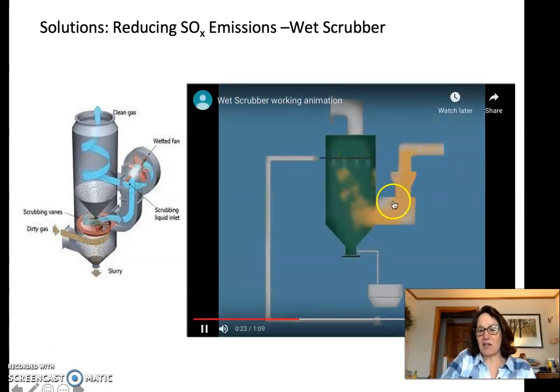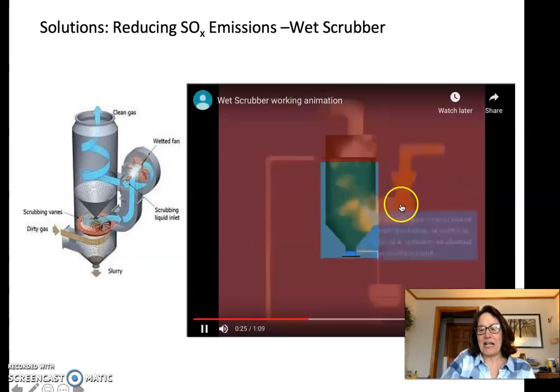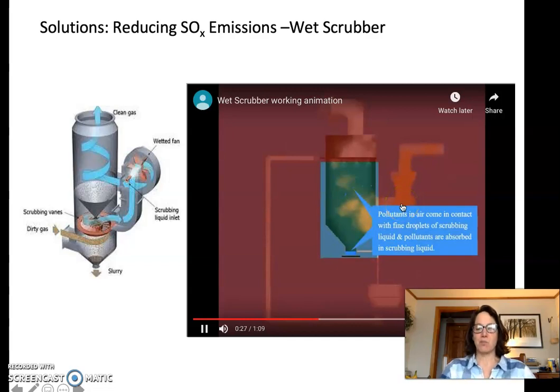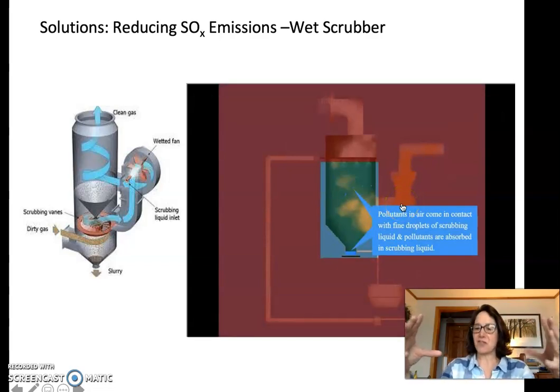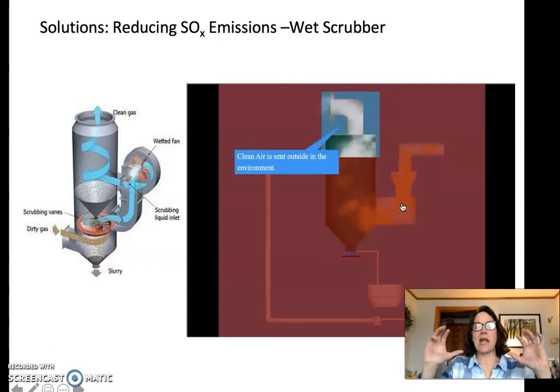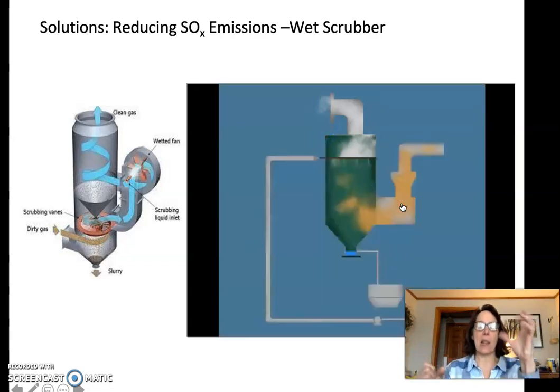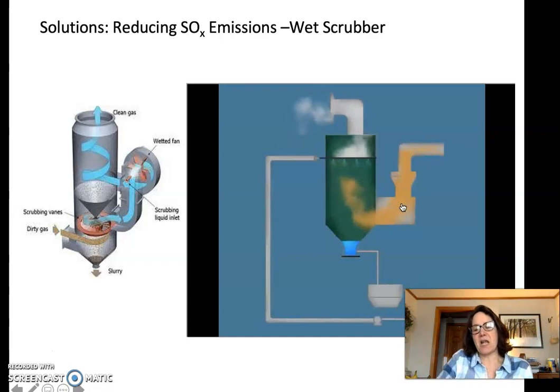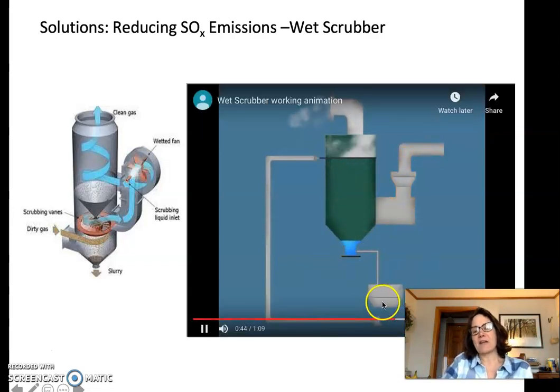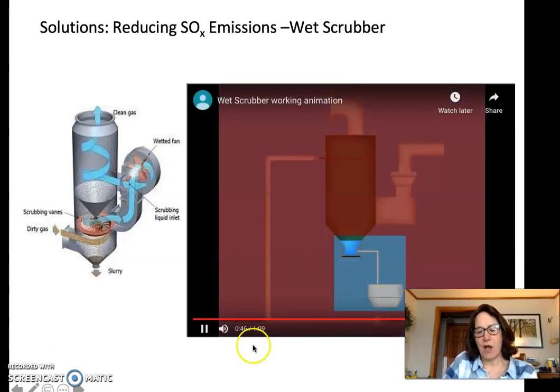You can see that kind of orangish yellow NOx gas. I'm spraying this mist of a basic solution, like a calcium carbonate solution. For the most part, what happens is I create a solid precipitate from that gas reacting with that liquid. I precipitate out a solid that I then collect and can send to a landfill.